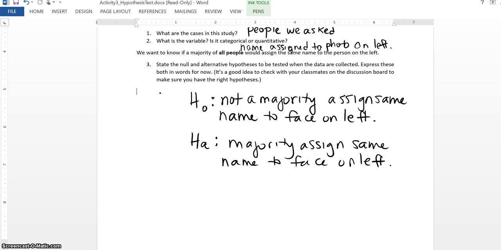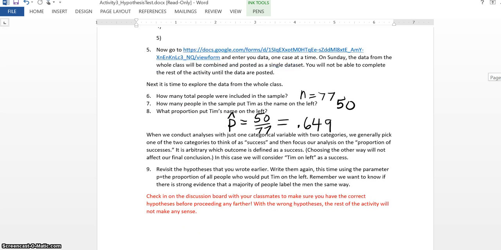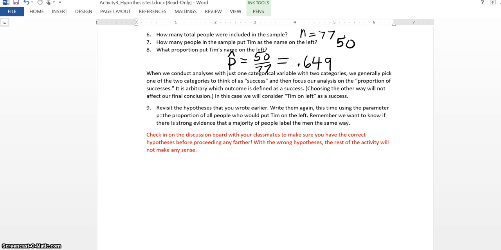So we can rewrite these hypotheses as our null hypothesis that p equals 0.5, there's no majority either way, and our alternative that p is not equal to 0.5, that whichever way it goes, more Tim or more Bob, it's a majority in one direction or the other. So it's a two-tailed test. I know it's two-tailed because I'm looking for more Bob or more Tim, and I have a not equal to sign here.